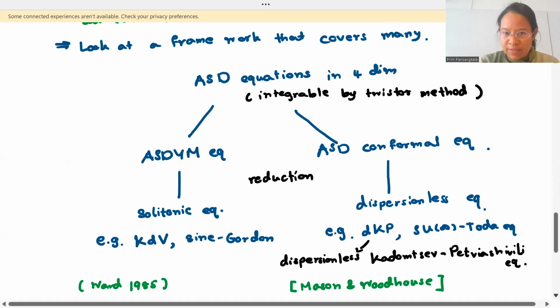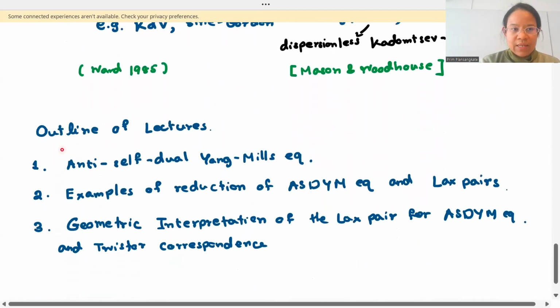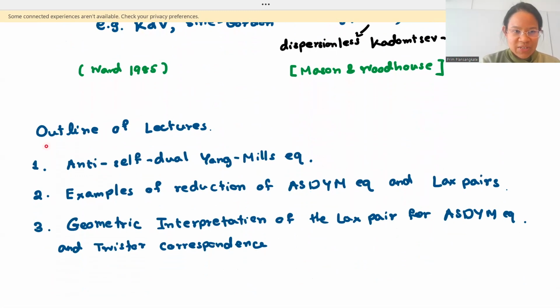The outline is that I divided it into three main parts. The first one is I will try to define what the anti-self-dual Yang-Mills equation is.